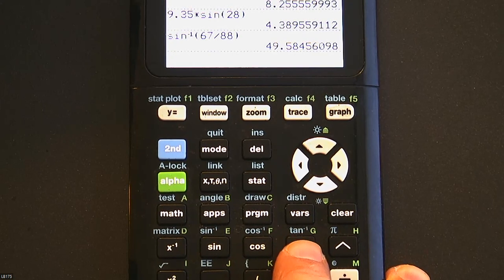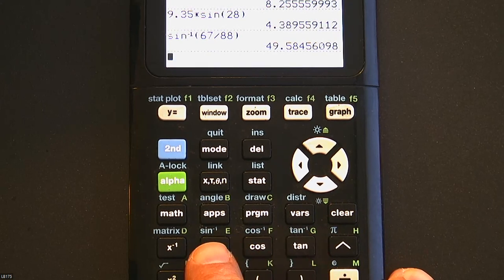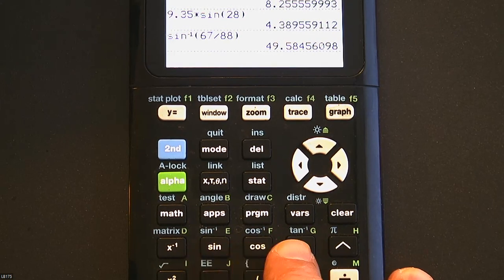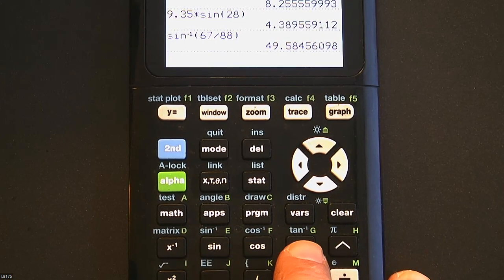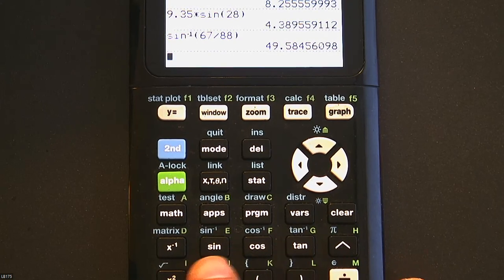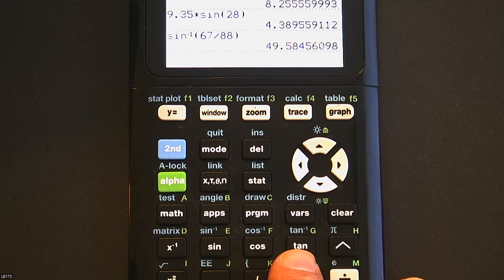Then we could have used inverse tangent to find the angle. So whichever one you're dealing with, if you're dealing with the SO, the KA, or the TOA part of SOHCAHTOA, you can always find the angle using the inverse buttons.